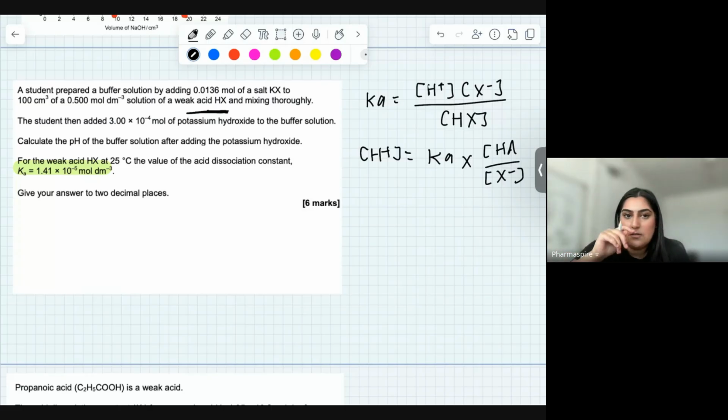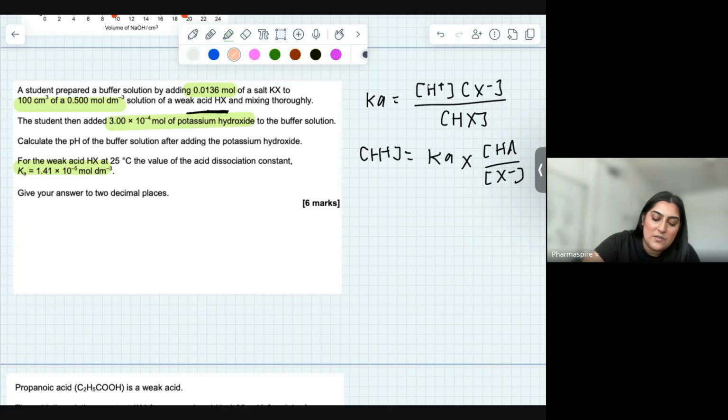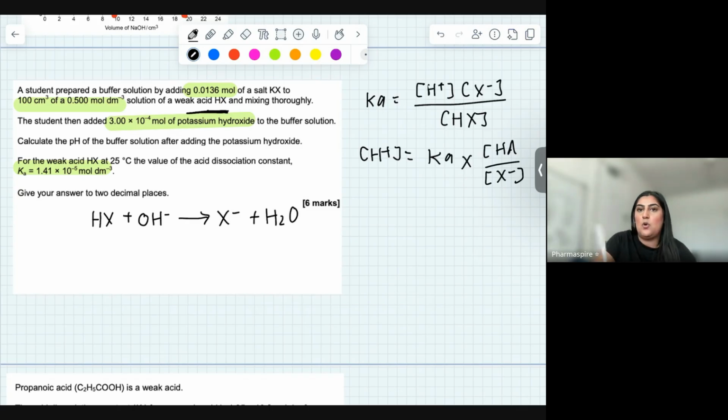Cool, right. So we've got the moles already, and then we've also got this for the weak acid. And then they've also given us potassium hydroxide. So basically they're saying potassium hydroxide is reacted with the weak acid. If I wrote an equation, we've got HX plus OH minus for the potassium hydroxide, giving you your conjugate X minus plus H2O, because acid plus base gives you salt plus water.